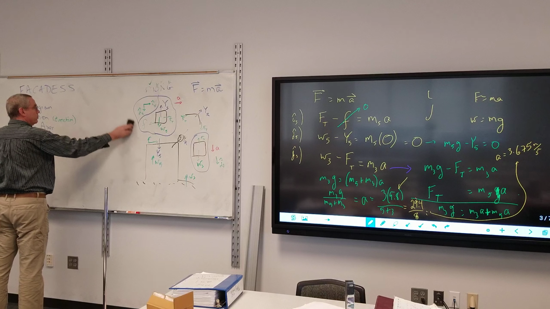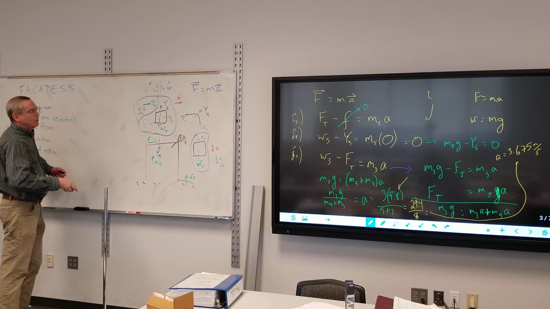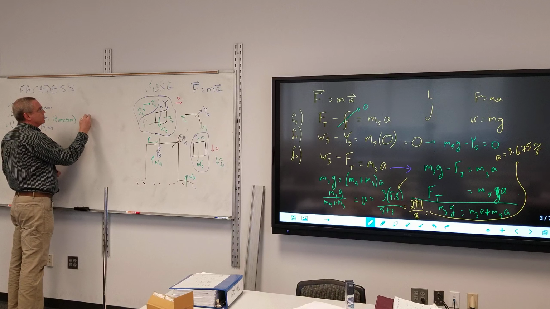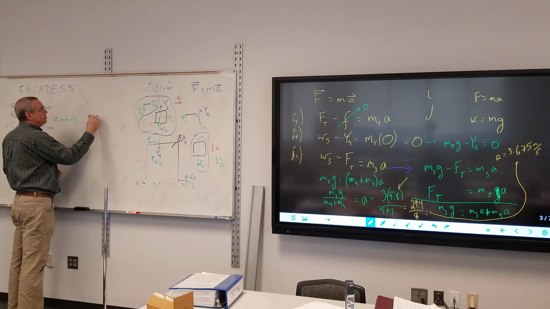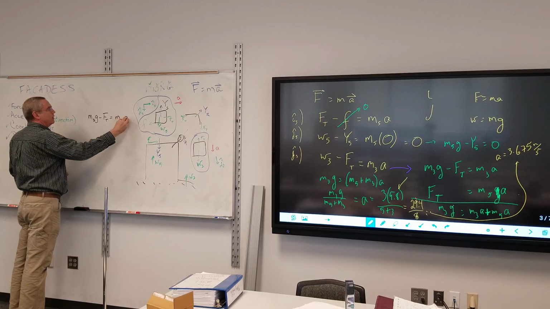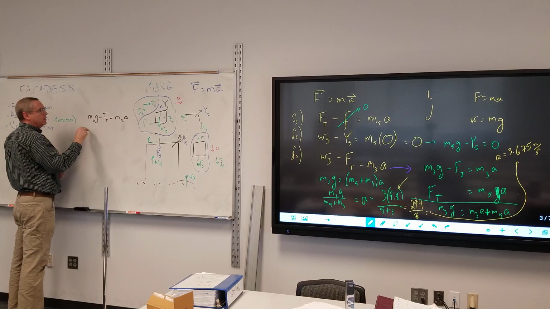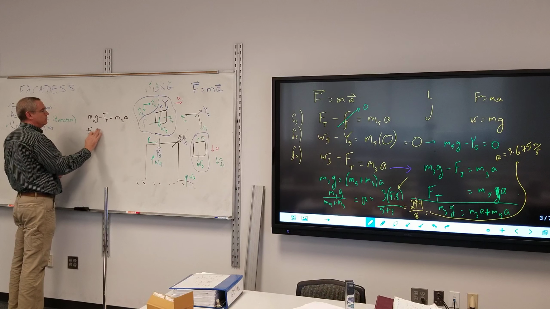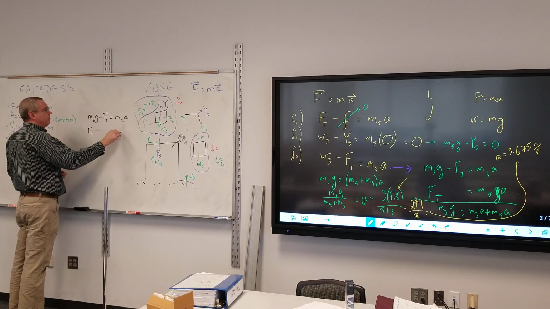Mathematically, I've got M3G minus the tension is equal to M3A, and tension equals M5A.